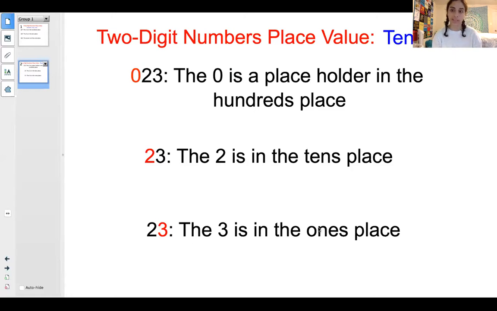To show this with the base 10 blocks, we would have 2 rods, 10, 20, and 3 units. 1, 2, 3, 23. So the 2 in 23 is in the tens place, and the 3 is in the ones place.